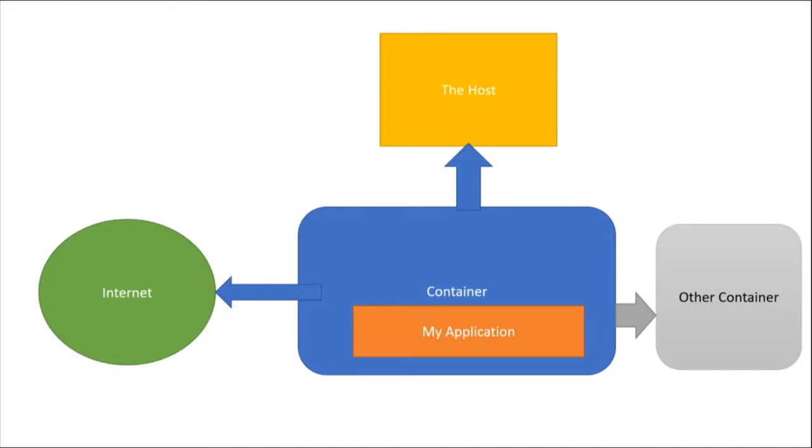It can interact with the host computer where this container is running, as well as interact with other containers also. So it can actually do multifaceted interactions. It can connect with all three at the same time. So today we will study the communication method of the containers.